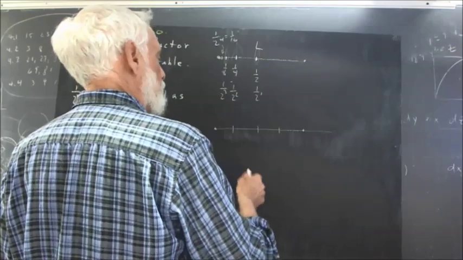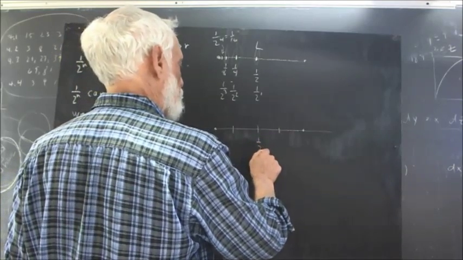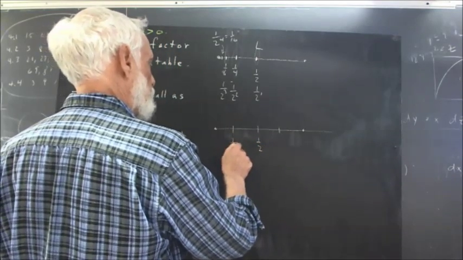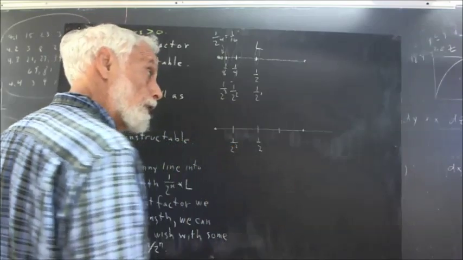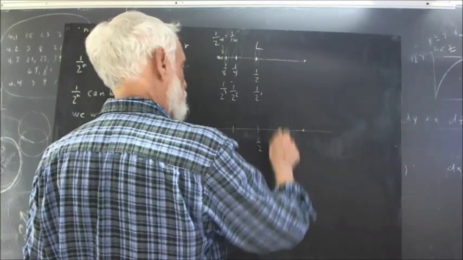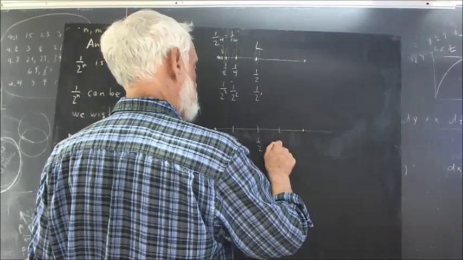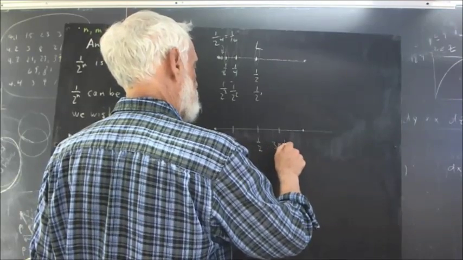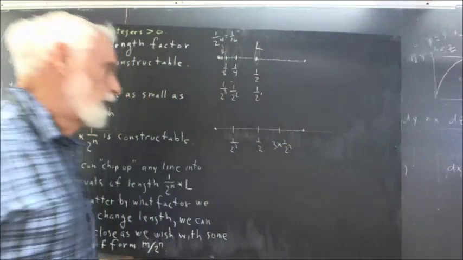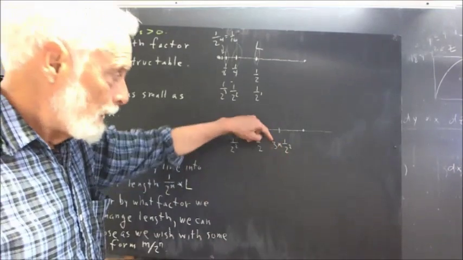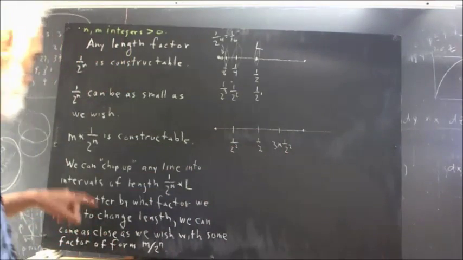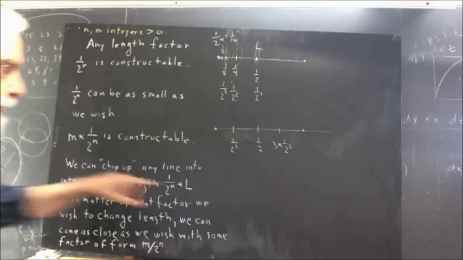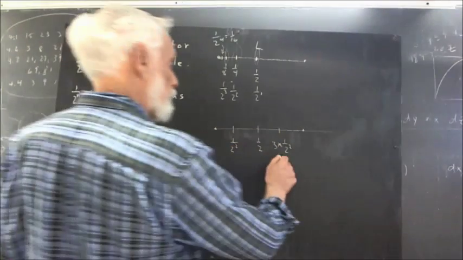Okay, so here is 1/2. Here is 1/2 squared, which is 1/4. And here is 3 times 1/2 squared. Okay, so there's an m equal 3, n equal 2. M times 1/2 to the n is this, which is 3/4.